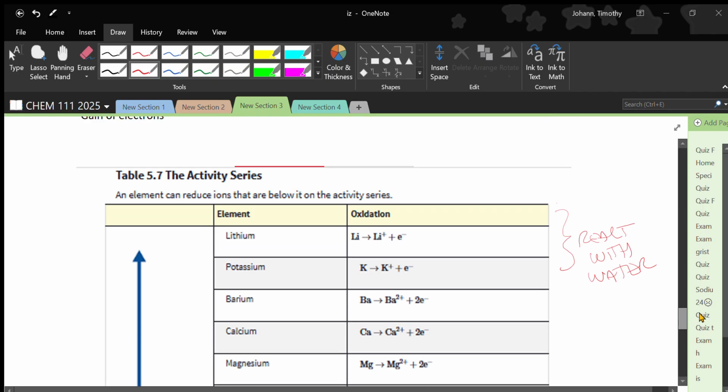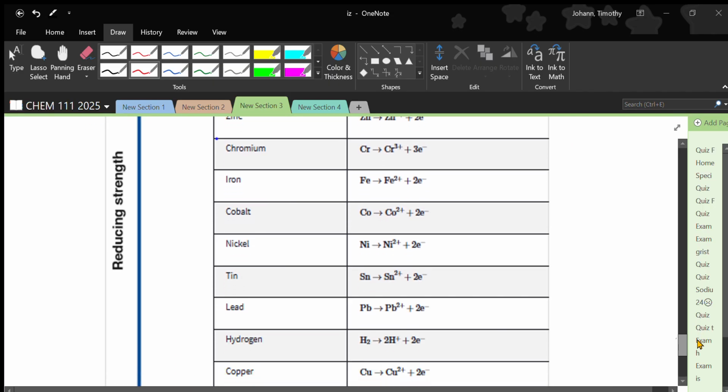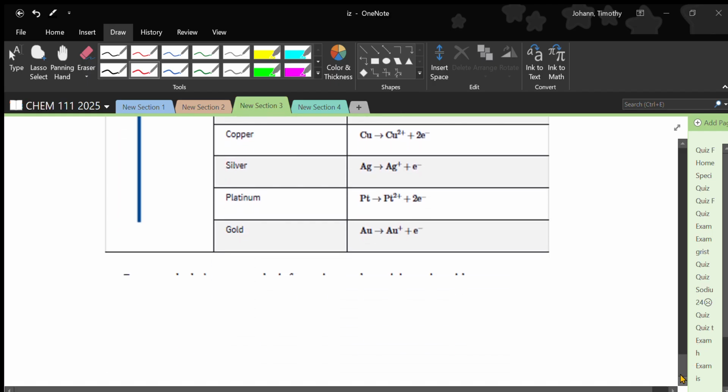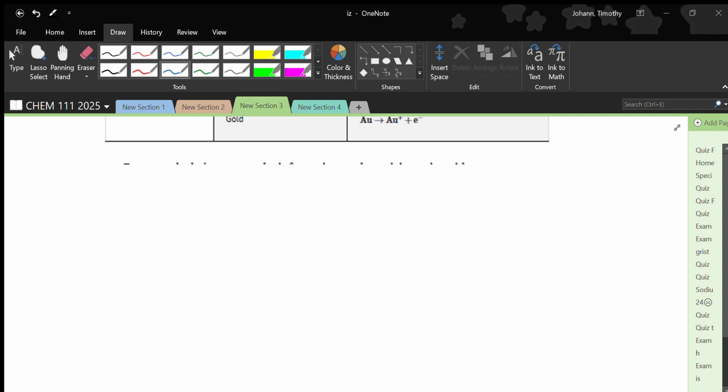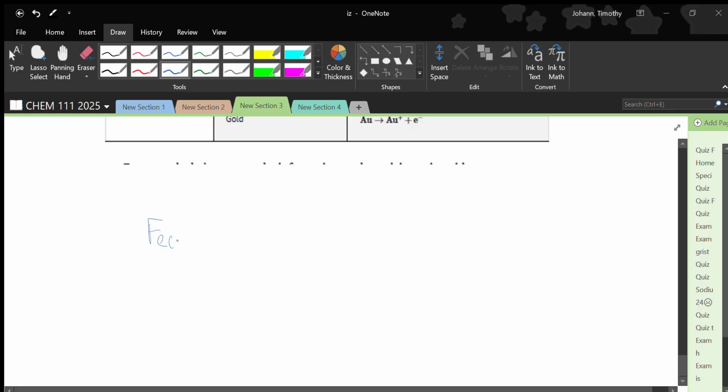Okay, so we're going to use this activity series to answer whether things are going to react or not. Let's say we have iron solid. I got asked a question about this after class the other day, but that's related to this. So I have iron solid and I have aluminum 3+.